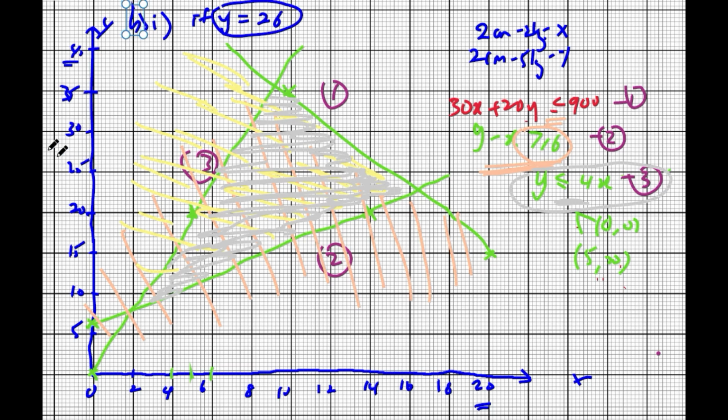So y is 26, so this is 25. We see here, 26 is 2 divisions above 25. So you can see it will pass 2 points, so you will have 2 values of x.